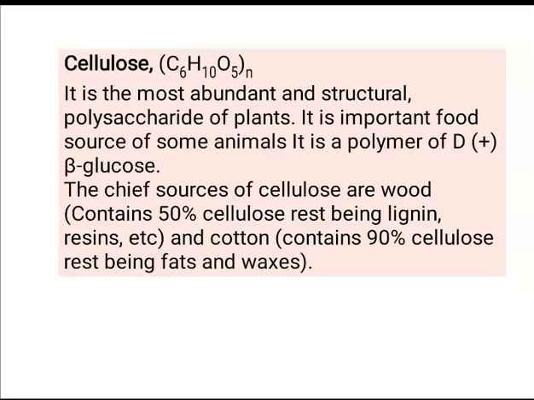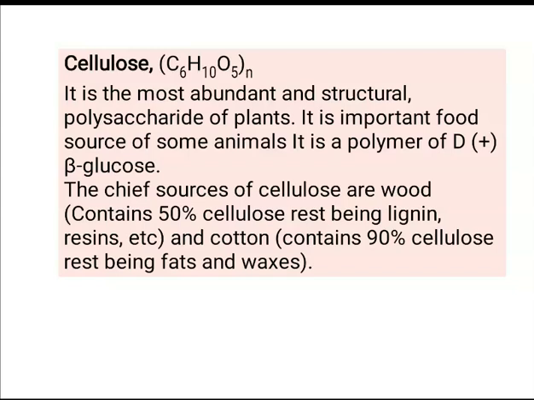This means that only D-glucose units are present in cellulose, but unlike starch, these are not alpha D-glucose molecules, these are beta D-glucose molecules, means beta anomer of glucose molecules. Now, it's a linear chain of beta D plus glucose molecules and they are held by C1C4 glycosidic linkage.